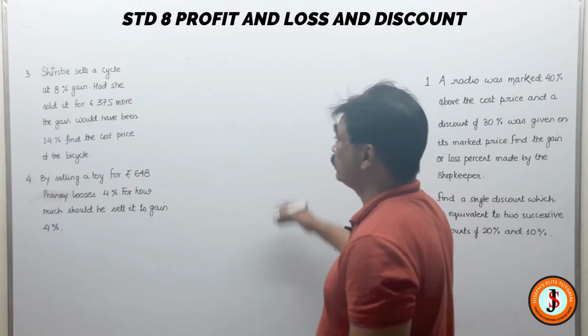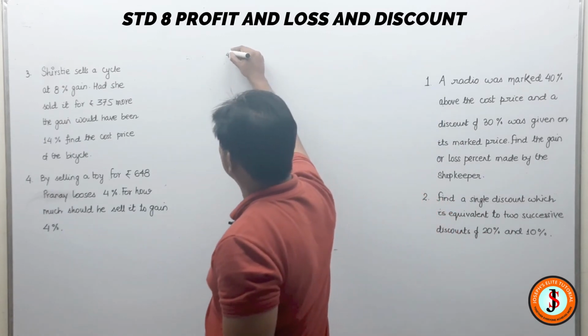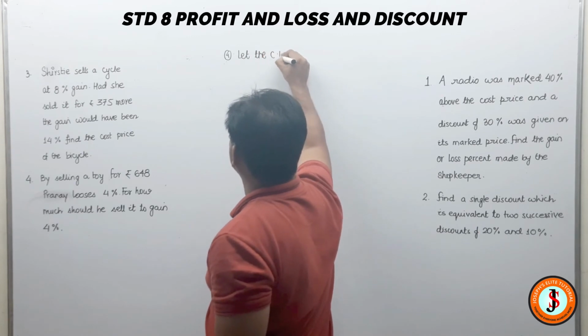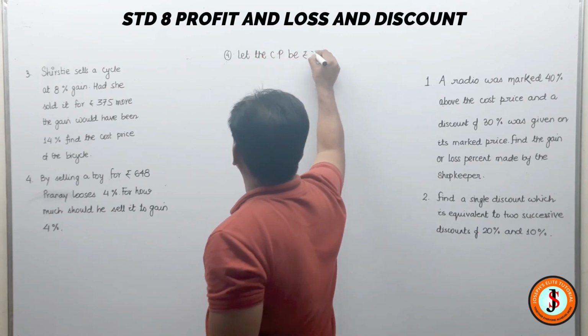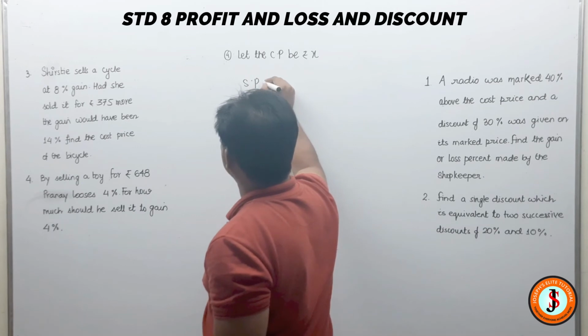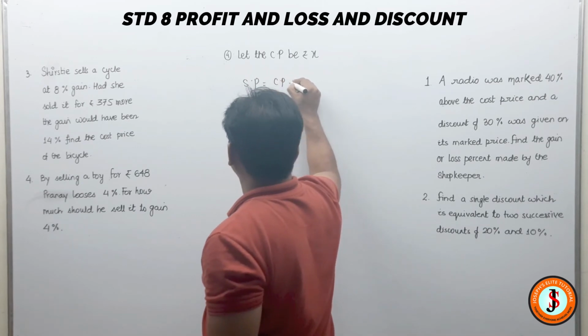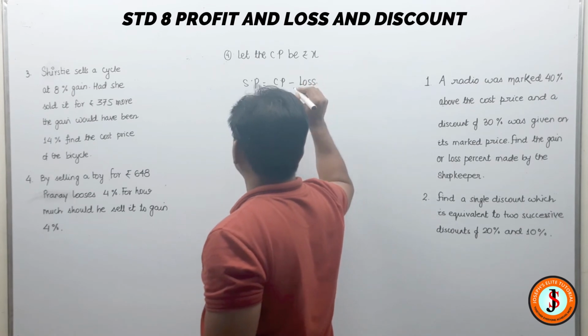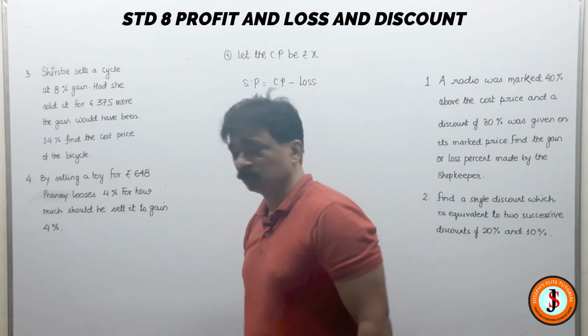Let the CP be rupees X, then SP is equal to CP minus loss, isn't it? Because he is suffering a loss.